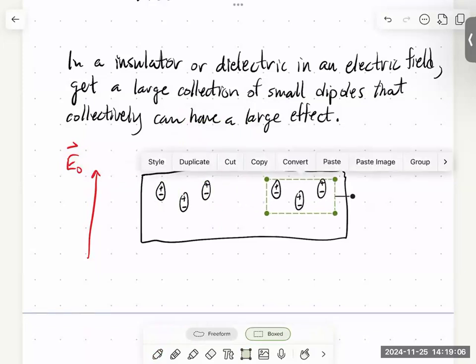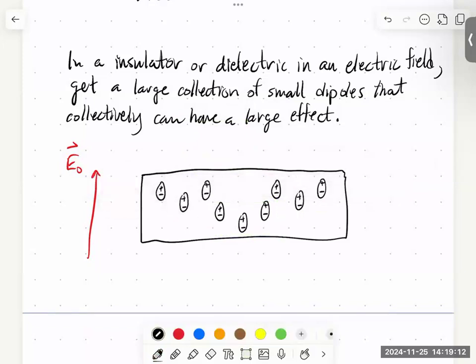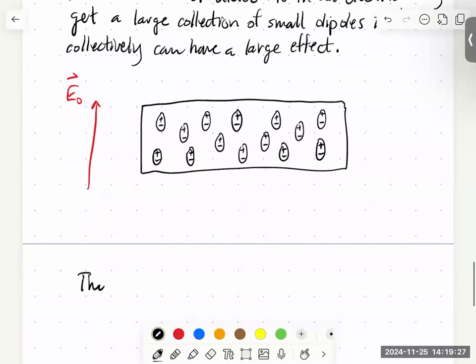Okay, so let's see, I can put a few more in here. Plus minus, plus minus, plus minus. All right, good. So there's our polarized piece of dielectric material. So the material becomes polarized.